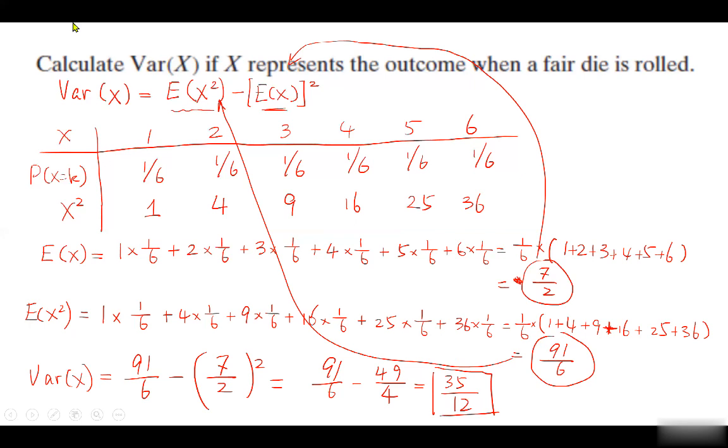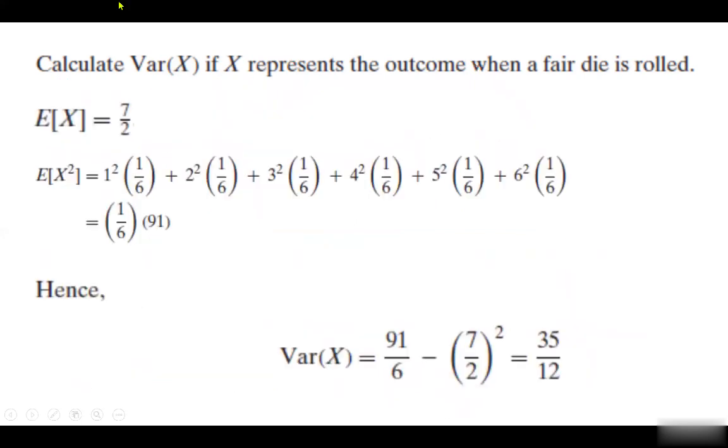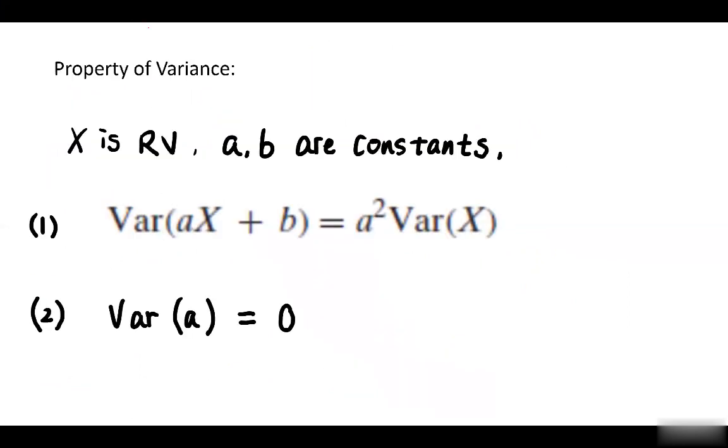No? Okay, then let's have a look at some properties of variance. There are two important properties that I need you to remember. First, if x is a random variable and a and b are constants, for any linear combination of x, ax plus b, the variance of ax plus b can be rewritten as a squared times the variance of x.